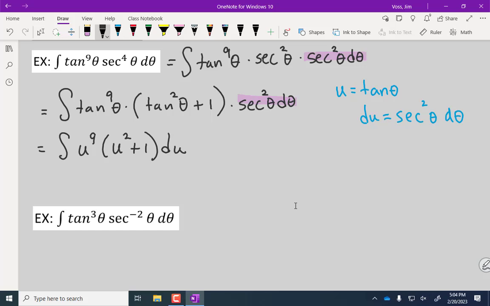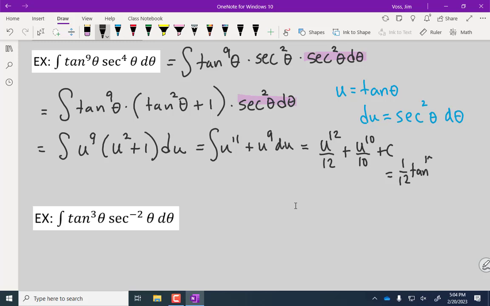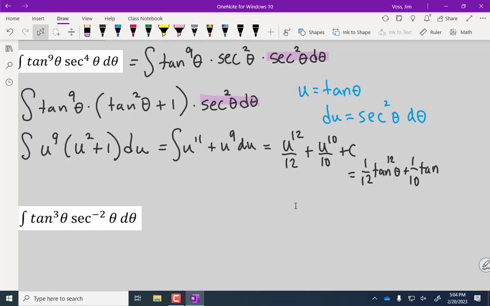Distribute and integrate. We'll have u to the 11 plus u to the 9. We integrate that, we'll get u to the 12 over 12 plus u to the 10 over 10. Back in terms of theta, tangent to the 12th of theta over 12 plus tangent to the 10th of theta over 10, plus c.